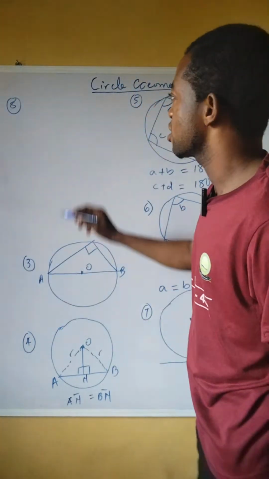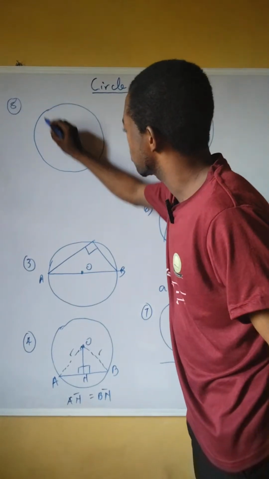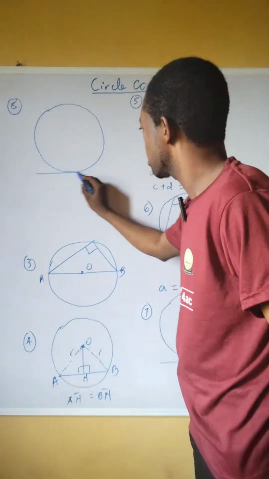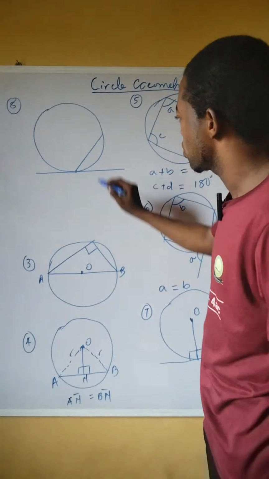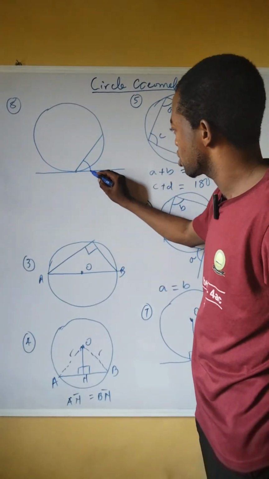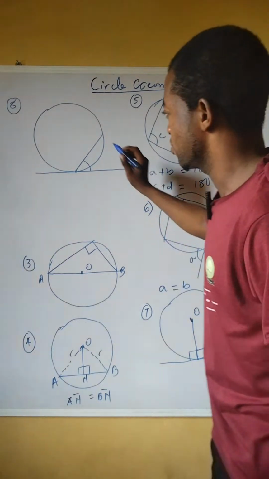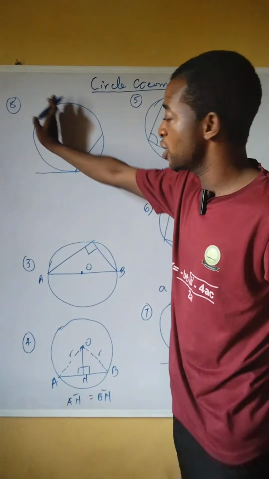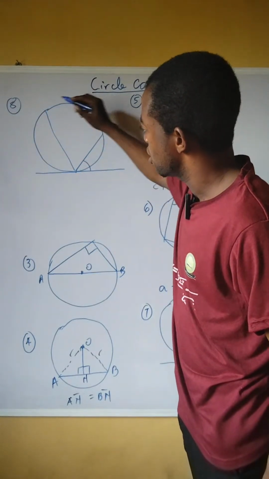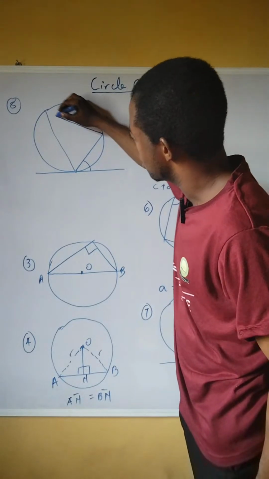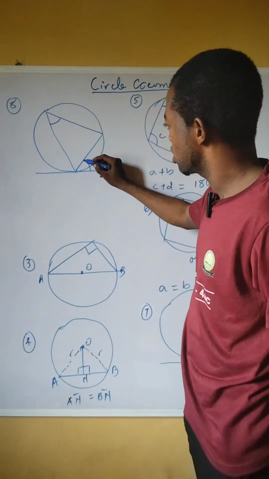And theorem 8 says that the angle between a tangent and a chord, so when we have a tangent and at the point of contact a chord is attached, the angle between this tangent and this chord is equal to the angle in the alternate segment, that is, this other part. So that means an angle is formed by attaching two chords to this chord. So the angle between these two chords is now equal to the angle here.